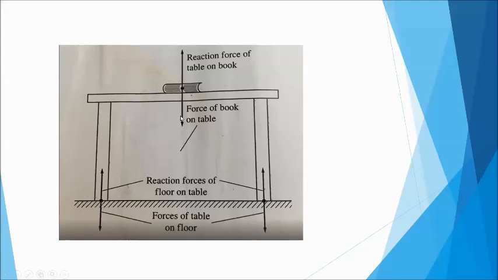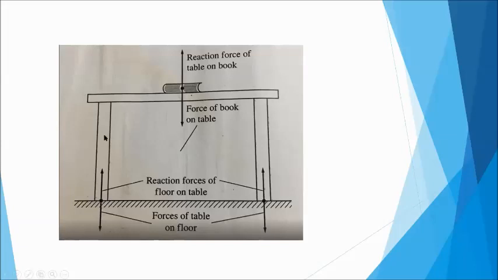The downward arrow here is the force of the book on the table, and the upward arrow is the reaction force of the table on the book. Here, the downward arrows are the forces of the table on the floor, and the upward arrows are the reaction forces of the floor on the table.